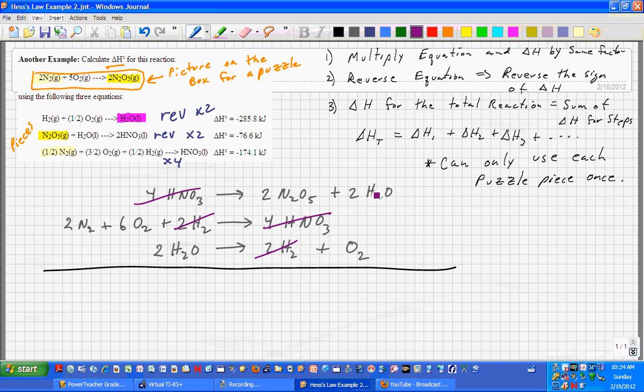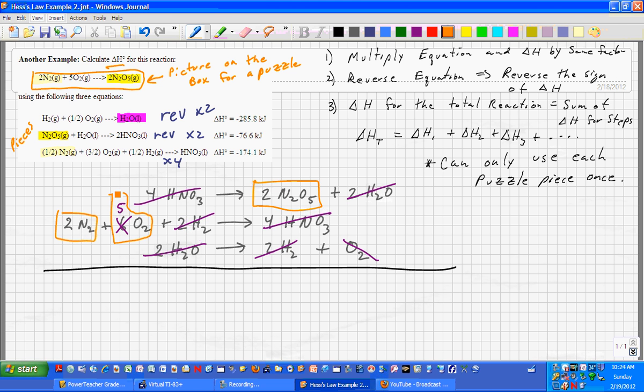That goes away. Here's the water that I was talking about. I needed to get rid of this water. There it is. It's gone. And I've got 1 oxygen over here, and that takes this down to 5. So what I'm left with is this, and this, and 5 of these.